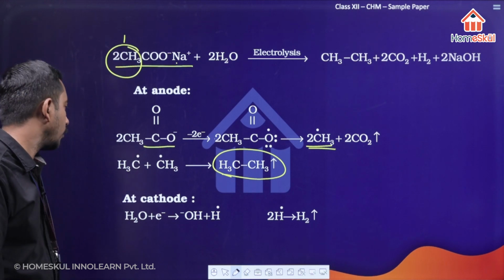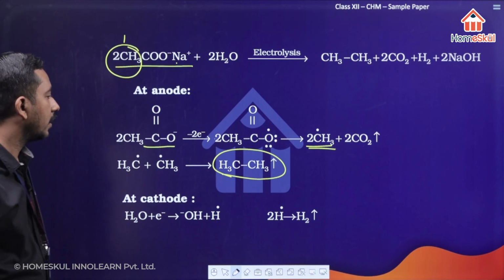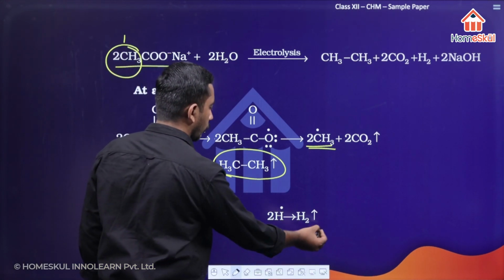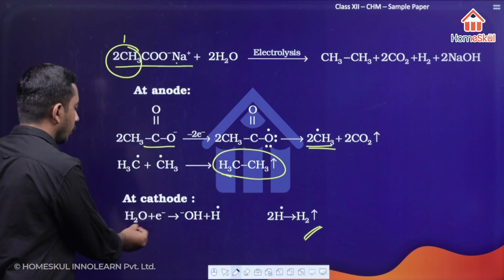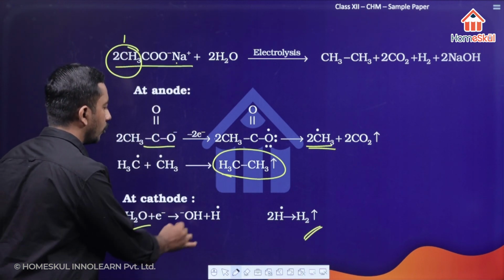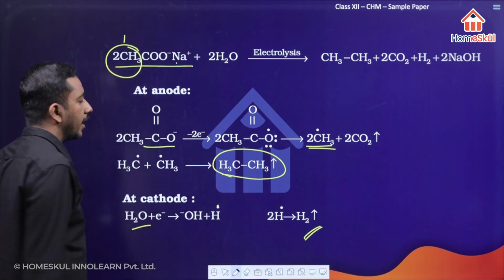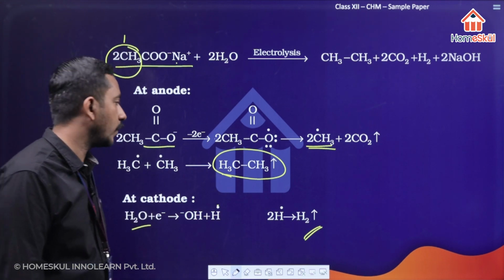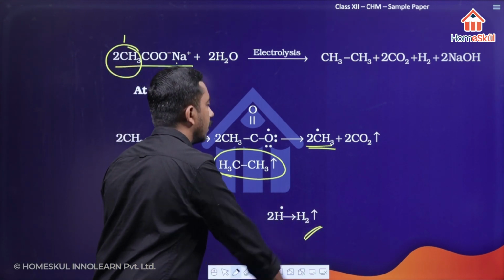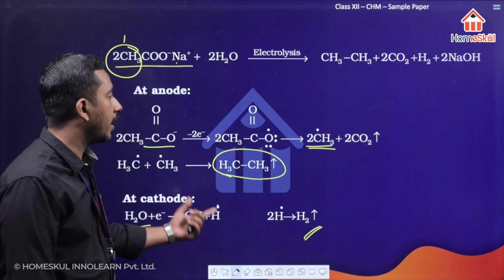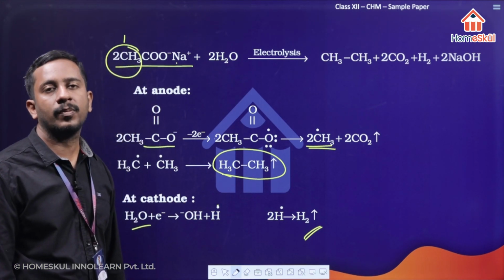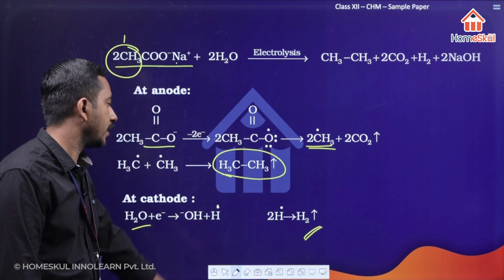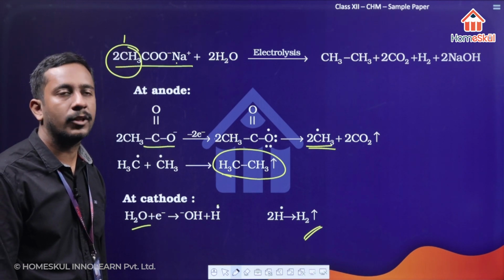A reduction reaction happens at the cathode where hydrogen gas is liberated. Here a water molecule gets converted into OH minus ion and a hydrogen free radical. 2 hydrogen free radicals combine together to give hydrogen gas. So the hydrocarbon and carbon dioxide gas are obtained at the anode, and hydrogen gas is liberated at the cathode.